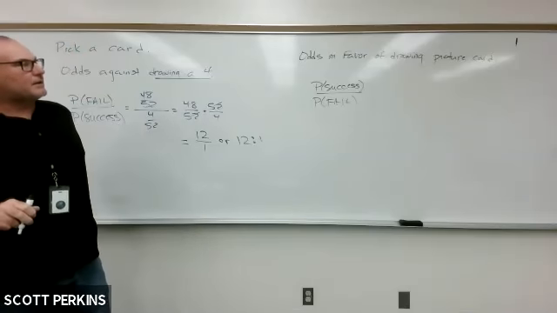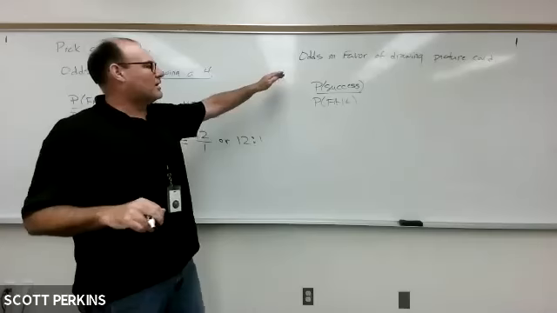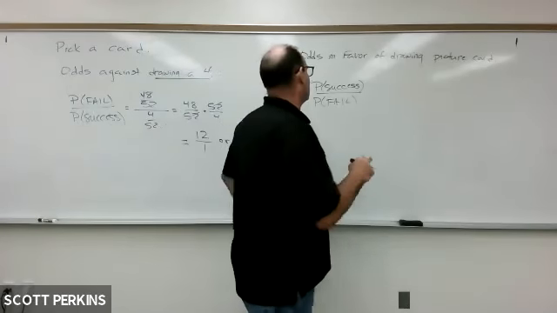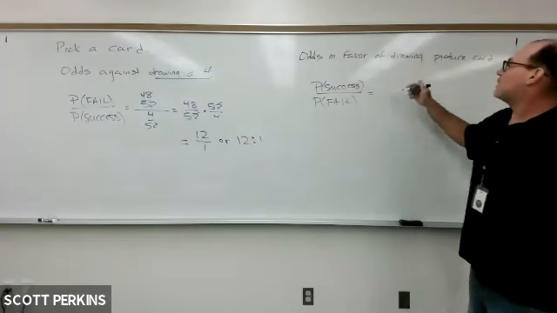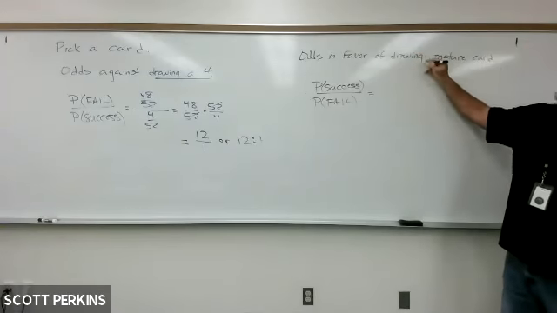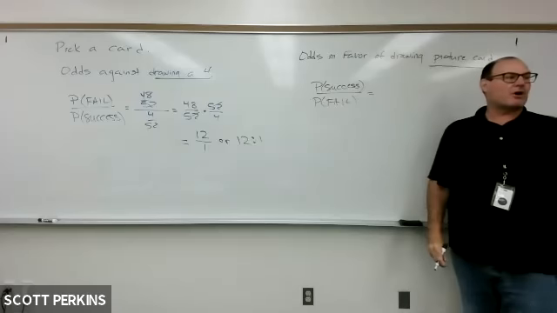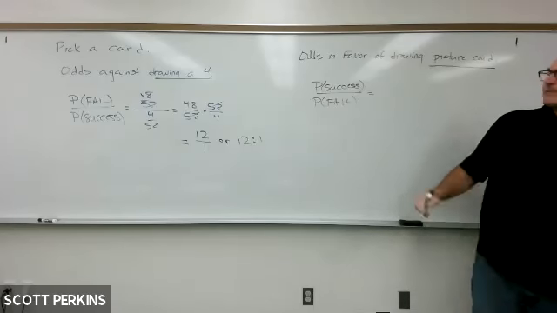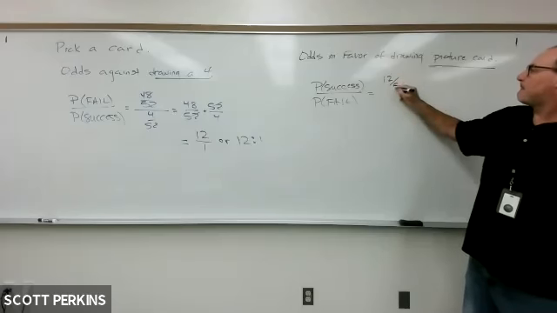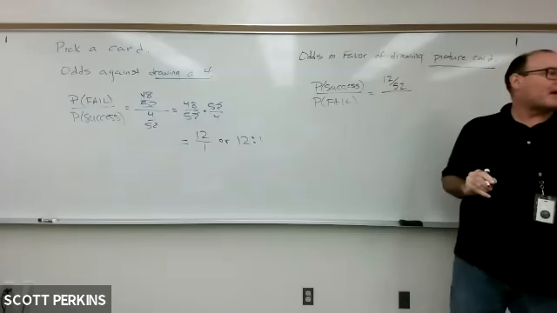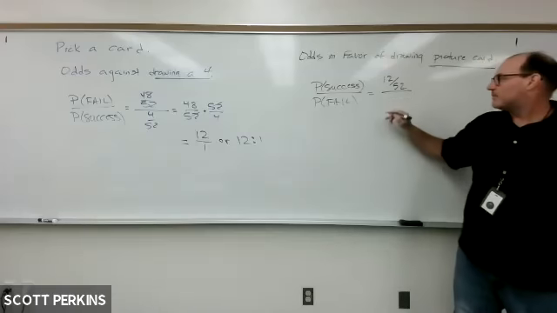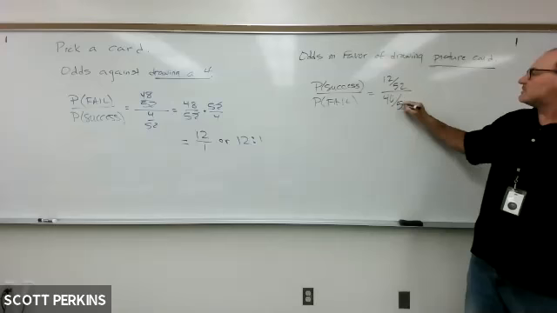Okay, so the odds in favor are the ratio of the successes to failures. So the probability of success to the probability of failure. If my success is I want to draw a picture card, how many picture cards are there in the deck? 12. 12 out of 52. And then what's the probability I fail to do this? Nice, good subtraction.